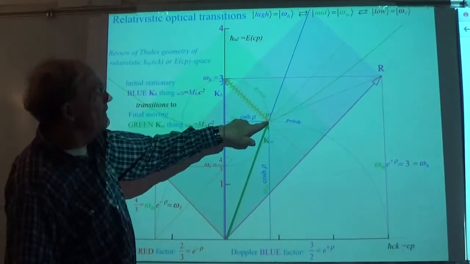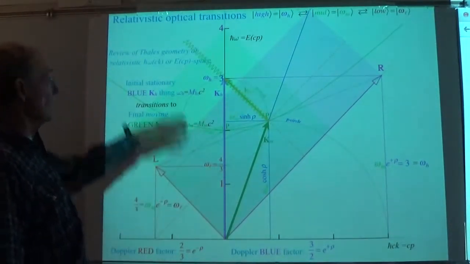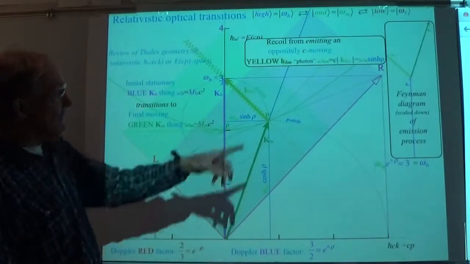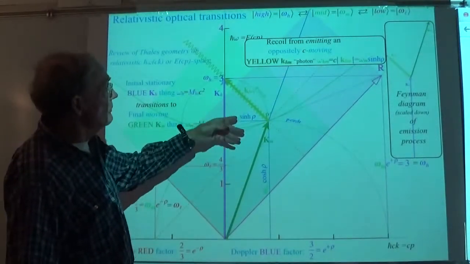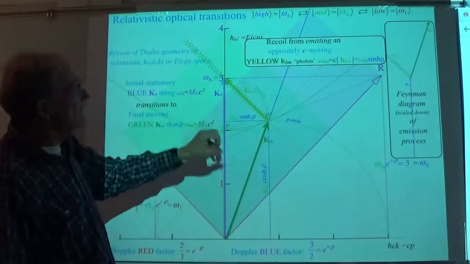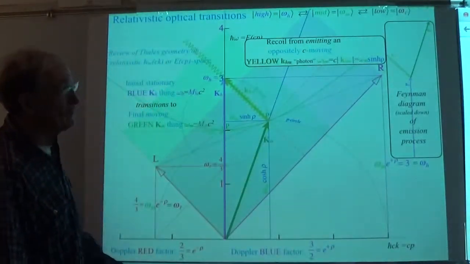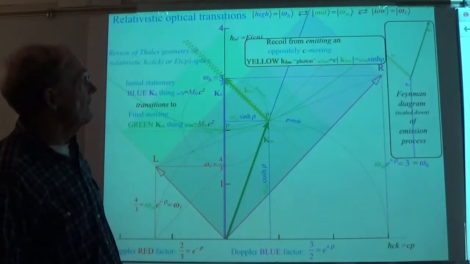You have some extra kinetic energy because you gave it some momentum. And then the light flies away as a result of that. The Feynman diagram for this would look like that. And this is a geometry for it. So here's the closed triangle. There's the open triangle, which is a Feynman diagram, scaled down from this one, just so it'll fit on the page.